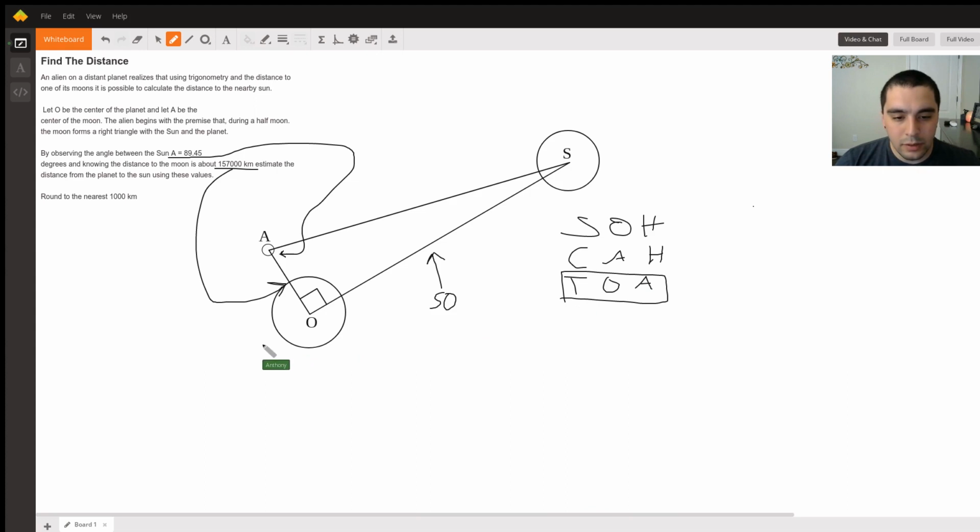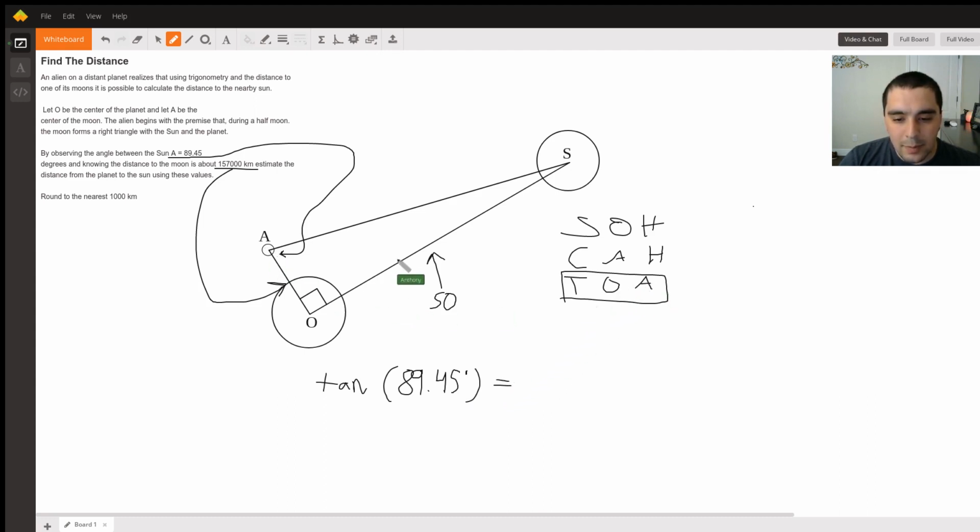Now we have to set this up. Tan of 89.45 degrees is going to be equal to the opposite over the adjacent.